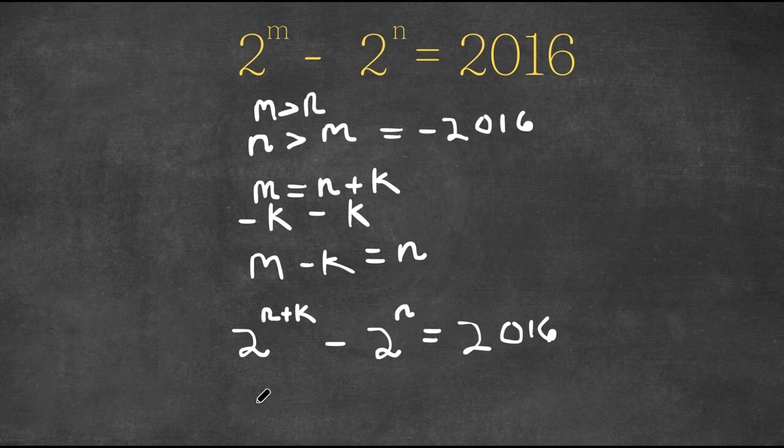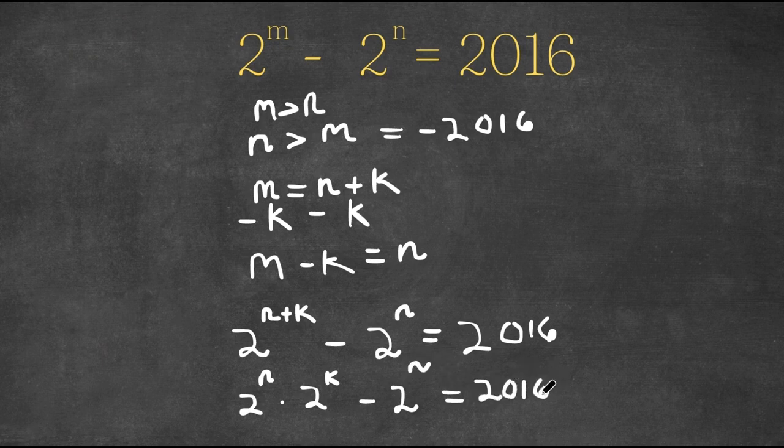Now this can also be written as 2 to the power of n times 2 to the power of k minus 2 to the power of n is equal to 2016. And now if I factor out 2 to the power of n from this, I would get 2 to the power of n times 2 to the power of k minus 1 is equal to 2016.